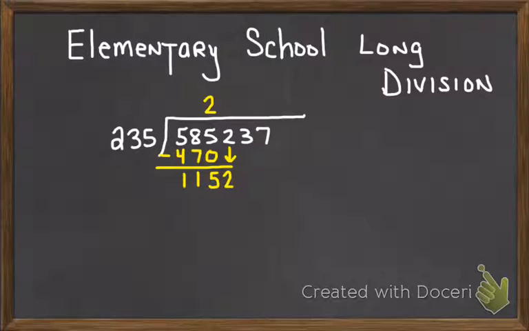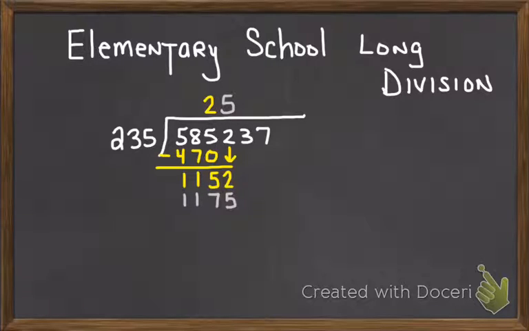So now, again, what I'm doing is saying to myself, maybe a little bit too fast again, how many times does 2 go into 11? Okay, so 2 goes into 11 at most 5 times. So I think I'm going to try to put a 5 up here. I'm going to multiply them together.